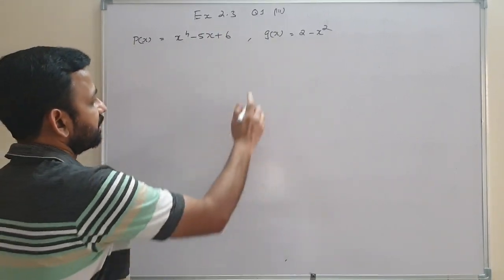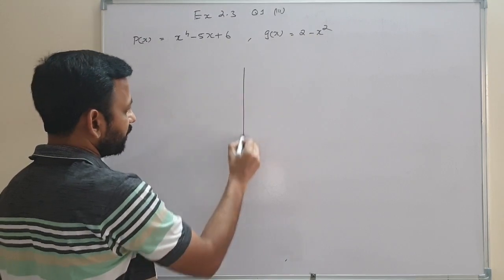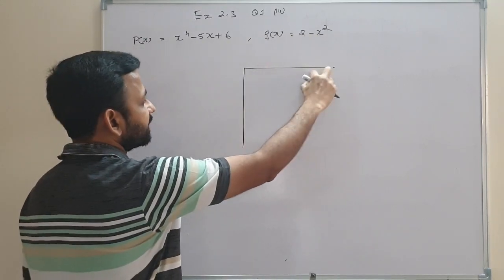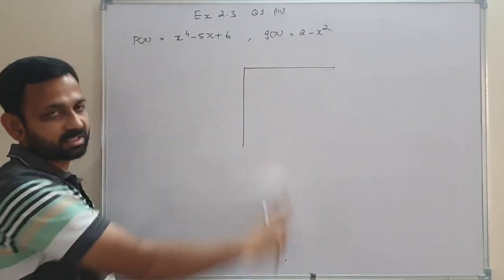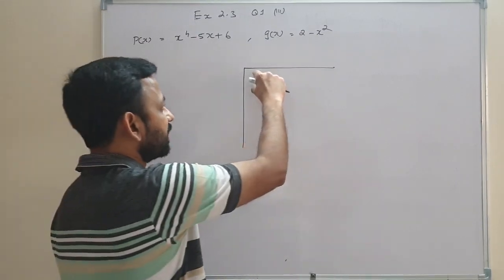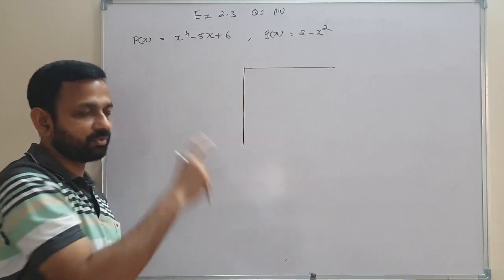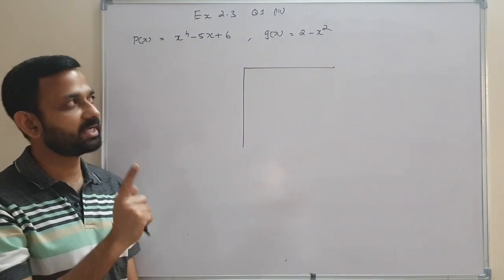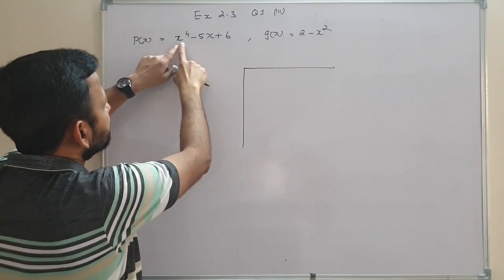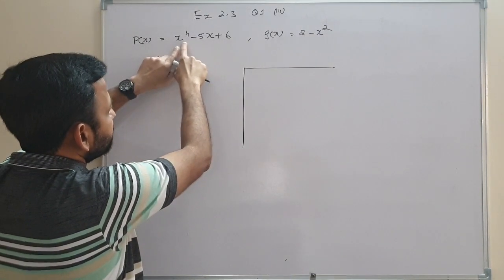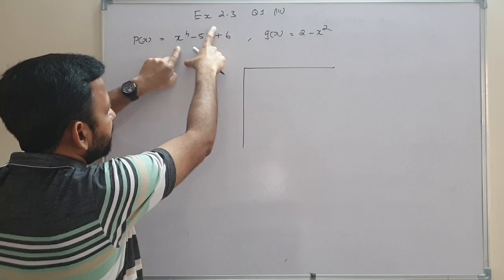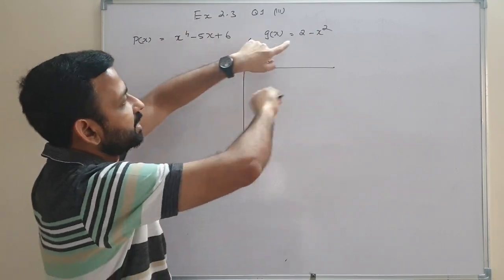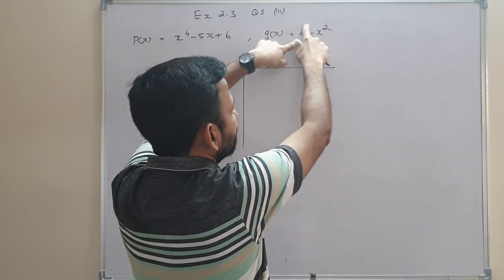When we divide a polynomial by another polynomial, here we will write the dividend and here we will write the divisor. Both the dividend and divisor should be in decreasing order of their powers. Here the power of the variable x is 4, and here the power is 1, so 4, 1 is decreasing order. For the divisor, the power of x is 0 in the first term and 2 in the second.